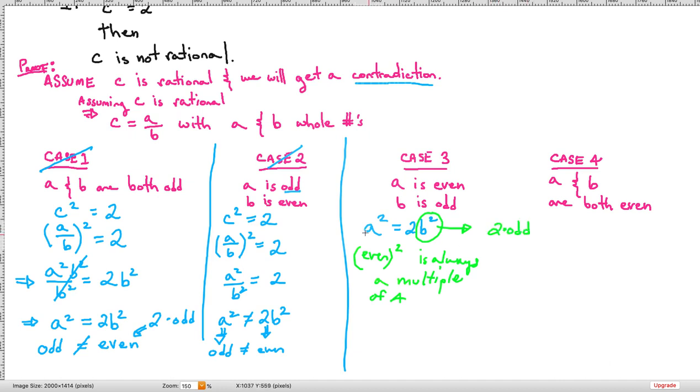This is the other statement: 2 times an odd is never a multiple of 4.